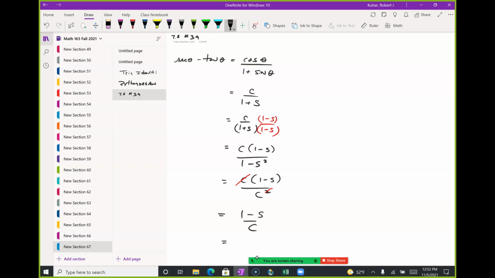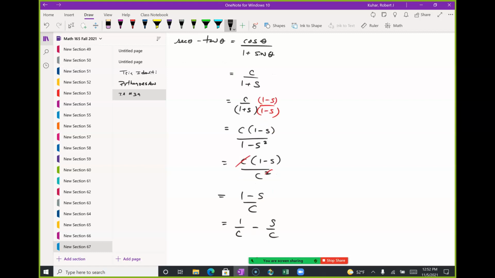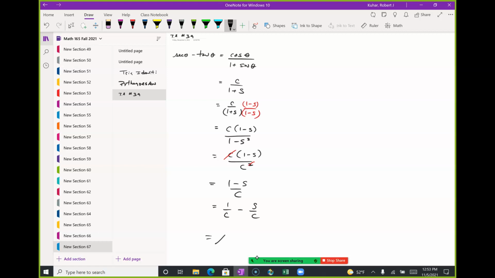Oh, there's one, divide and conquer. There's one of those tick, tick, dot, dot, dot things I can do. If I have multi-term over a single term, I can divide and conquer. So I get 1 over c minus s over c. And I can already see that that is a secant minus a tangent. Done. Just trying to get the two sides to match.